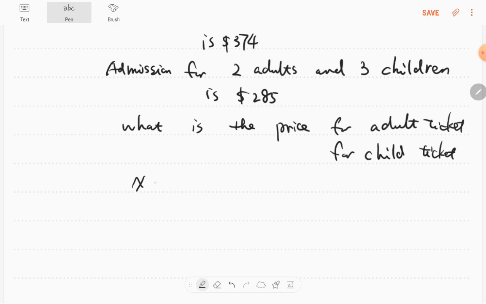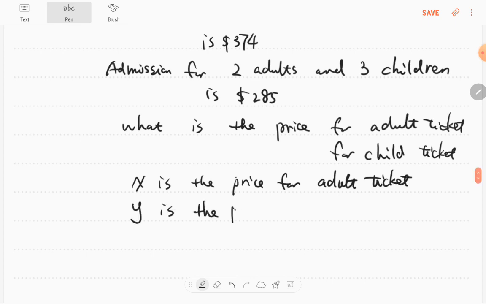We are interested in 2 prices, right? So if we say x is the price for adult ticket, then y is the price for the child ticket.